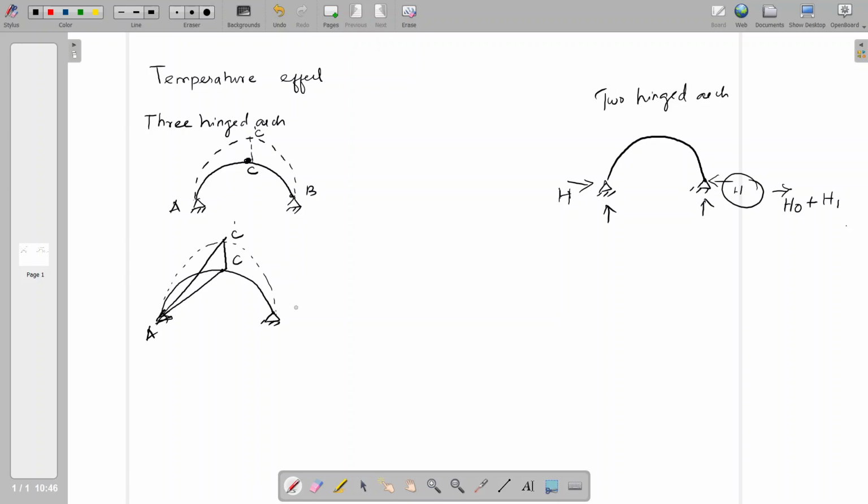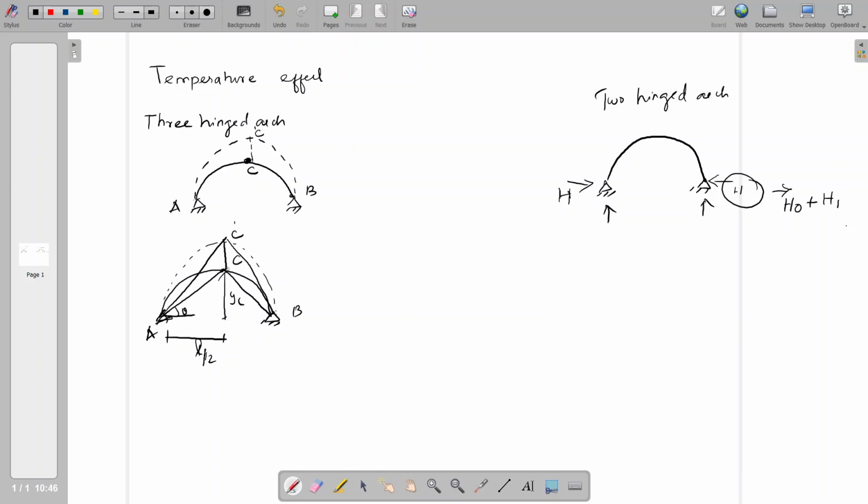This is A and B. Similarly from B to C and B to C dash. We have theta here. The depth here is YC and half of the length is L by 2. These are the parameter representations for our calculation.